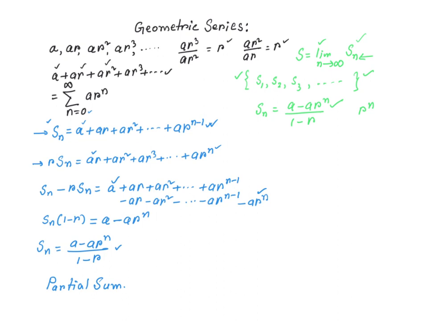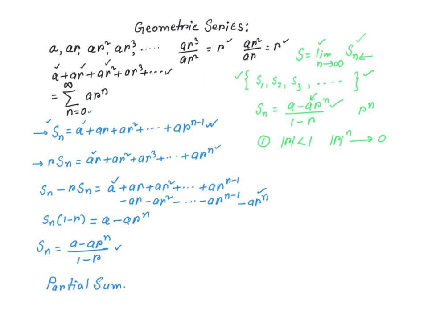Just one observation. So let's look at a simple case. So case 1, if the absolute value of r is less than 1, what's going to happen is as the power n increases, r to the power n, or the absolute value of r to the power n, is going to go towards 0. It doesn't matter what the fixed number is, or what the constant is, right? So this is going to go to 0.